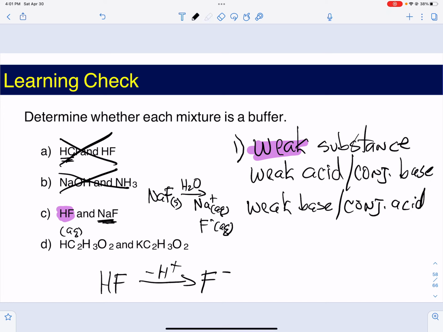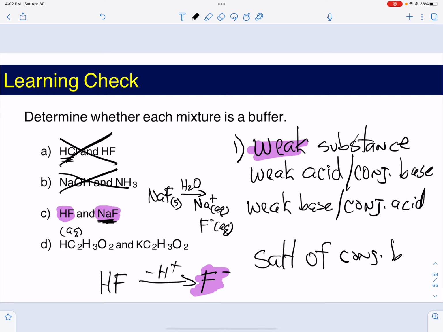We will never find the ion by itself. Ions do not exist by themselves, so you will need to have the salt of your conjugate base. Always look for the salt of the conjugate base. That's what you can find in your chemistry supermarket. So this is a buffer system.